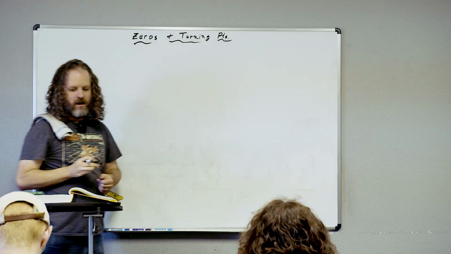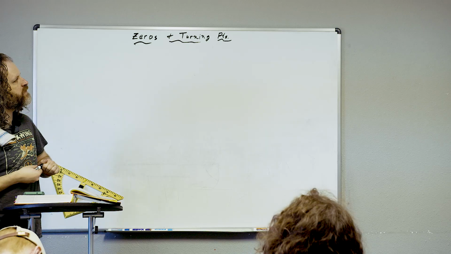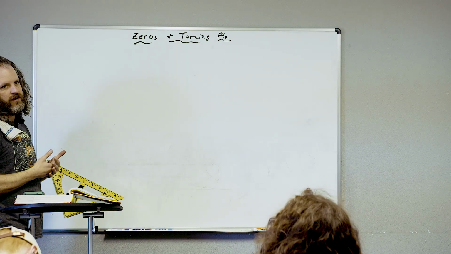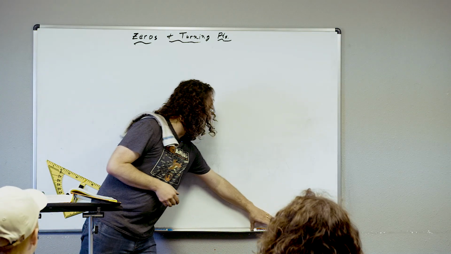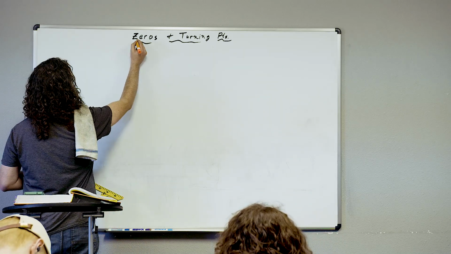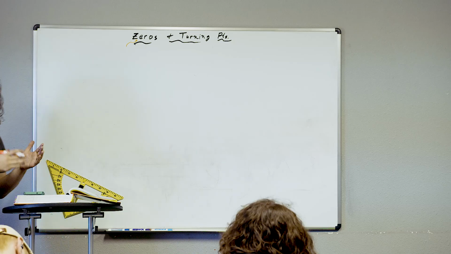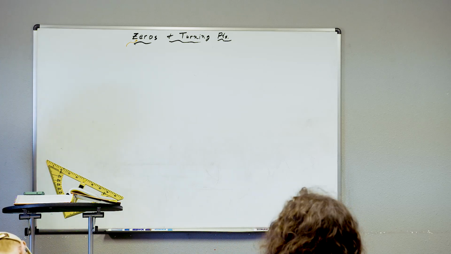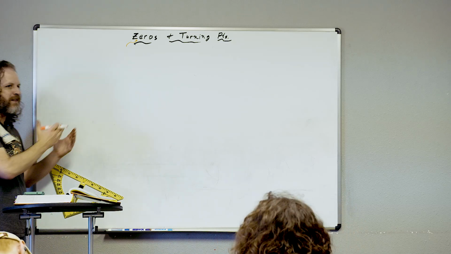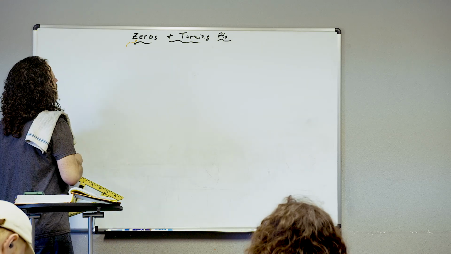Okay. So zeros, we already know. What are zeros? They're x-intercepts. That's where it crosses the x-axis. You remember from geometry, sometimes we have different words for pictures versus numbers. Zeros are technically the numbers, and the x-intercepts are the pictures.